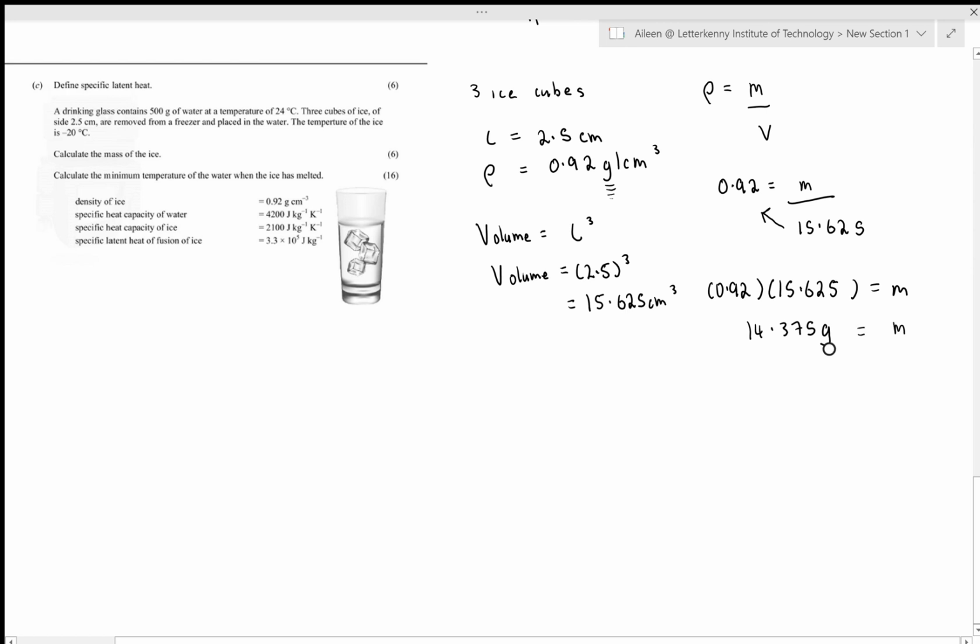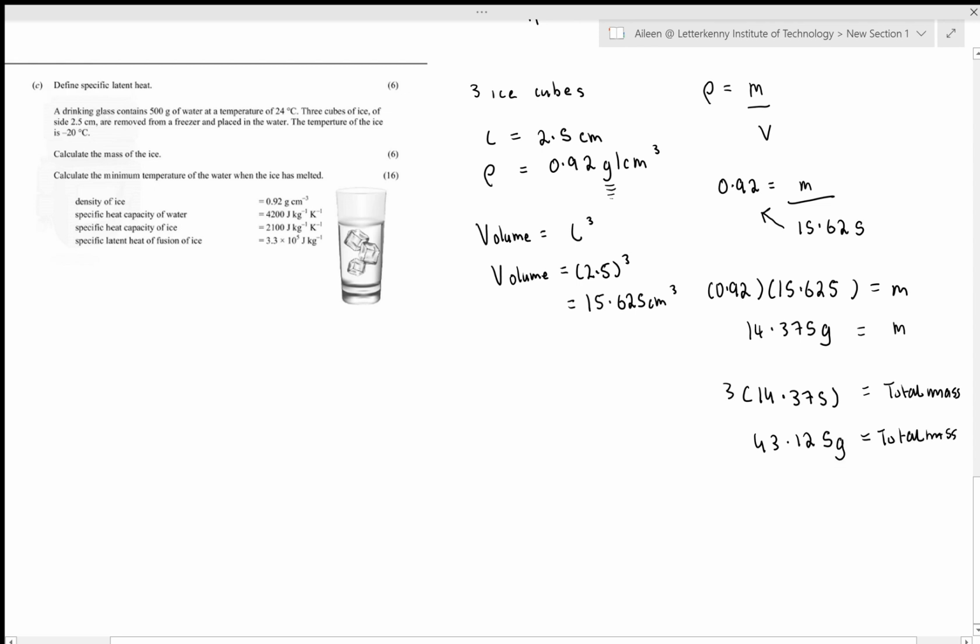I have 3 ice cubes. So my total mass, I find the mass of 1 ice cube, so to find the mass of 3 ice cubes, I multiply my value by 3. This gives me 43.125 is equal to my total mass in grams.